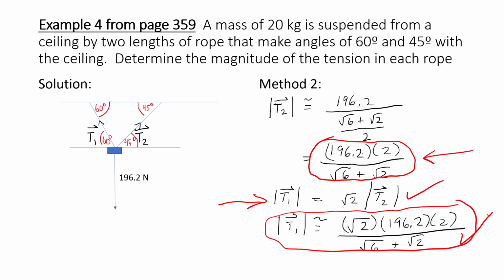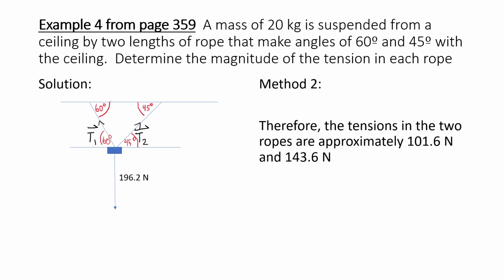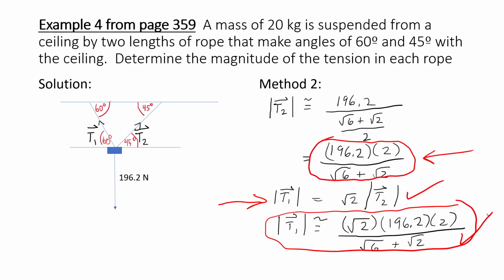Now, in the previous example, we used decimal approximations, and so we can do that here. This first one is roughly equal to 101.6, right there. And the second one is roughly equal to 143.6, right there. And so we get the same answer either way.